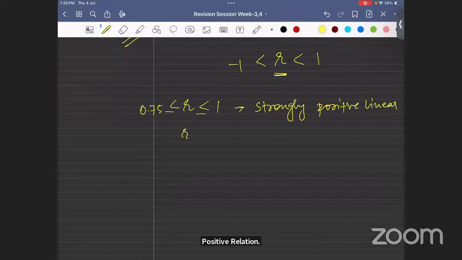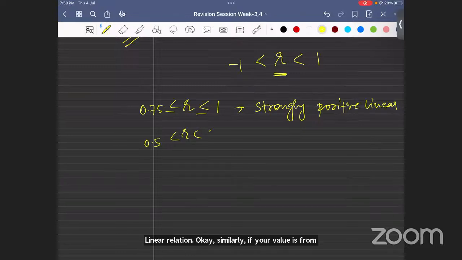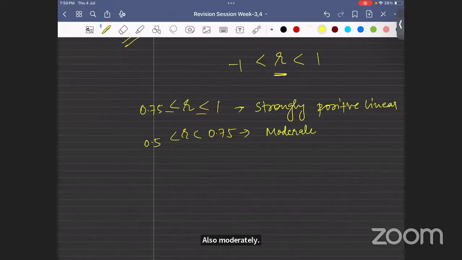Similarly, if your value is from 0.5 to 0.75, then you can say this is moderately positive. For the first case, it is a strongly positive linear relationship between x and y.